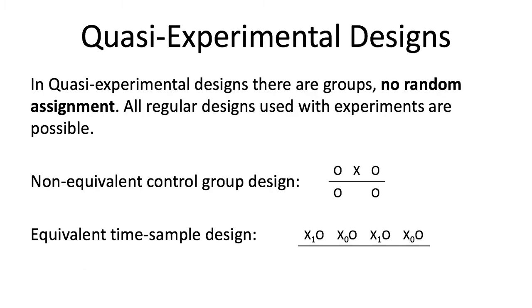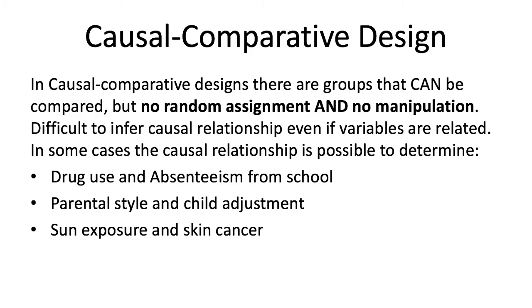In a causal comparative design, I can, again, do whatever I want to do in terms of groups or over time, but I have no random assignment and I don't have any manipulation. I'm not controlling anything. Whatever treatment or impact variable I'm looking at has occurred naturally and likely in the past.